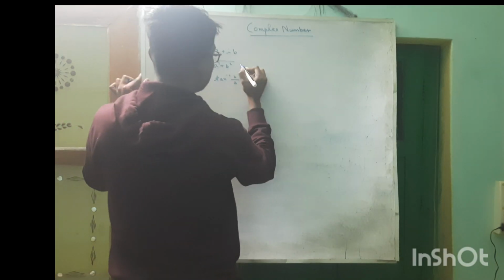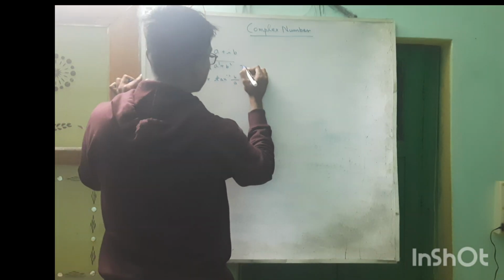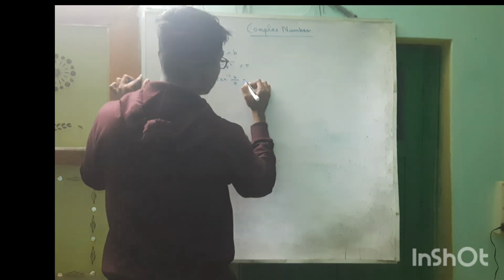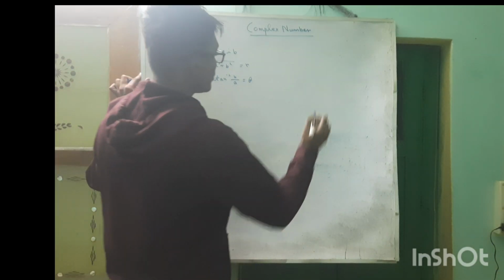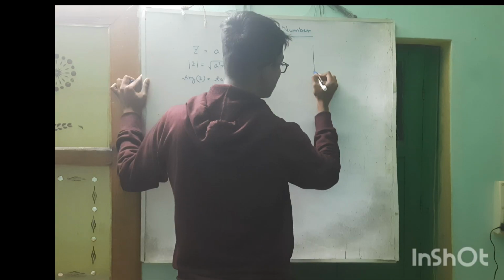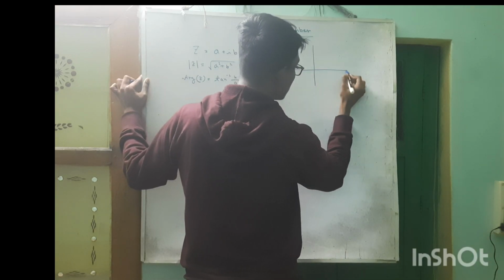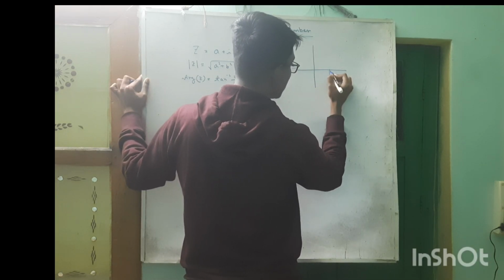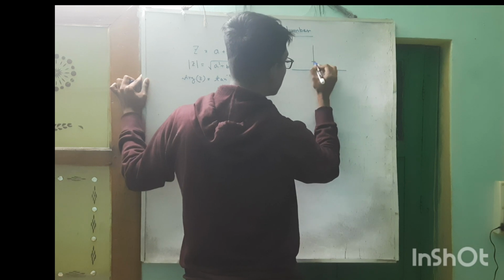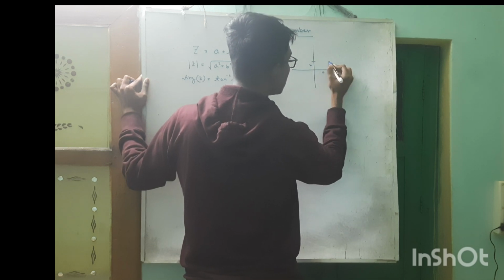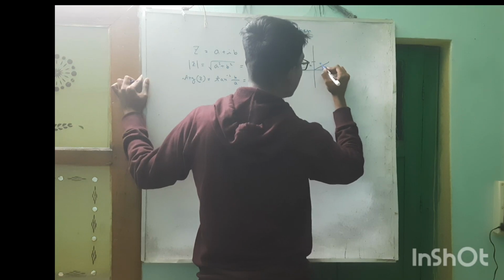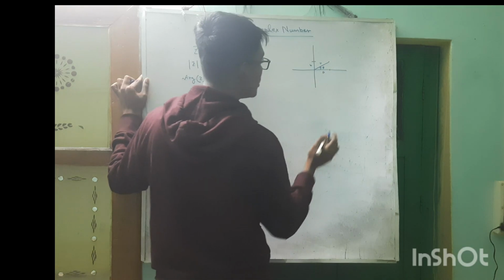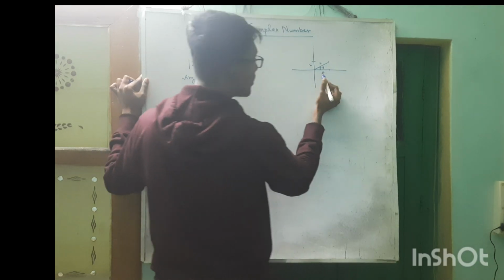Let that modulus be r and the argument be theta. So that is a, that is b, the point, this is r, and this is theta.